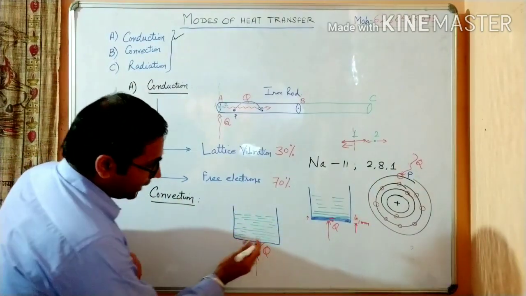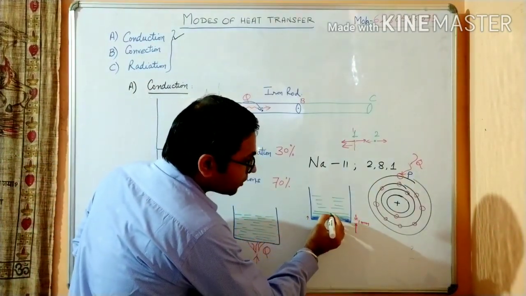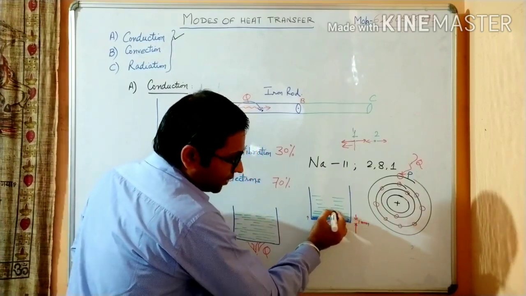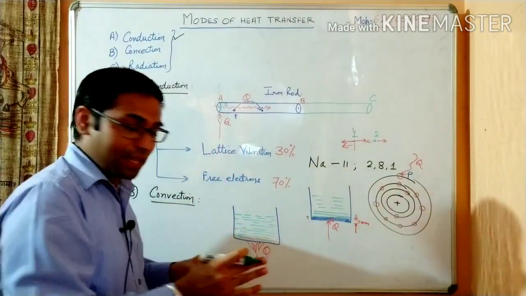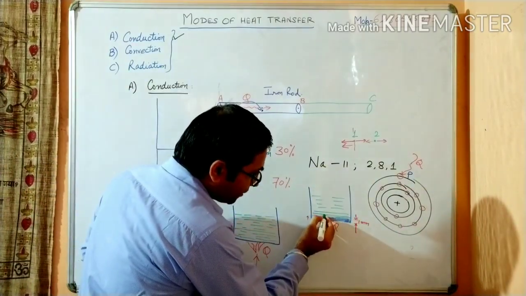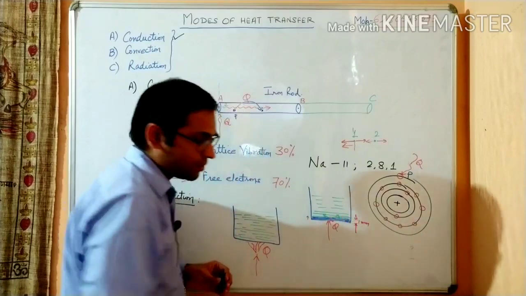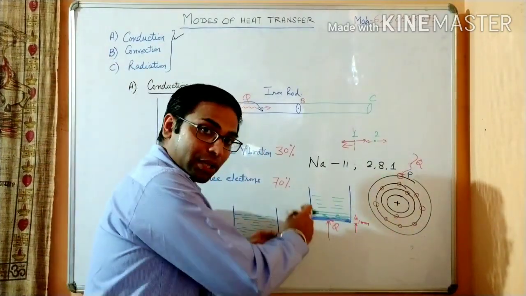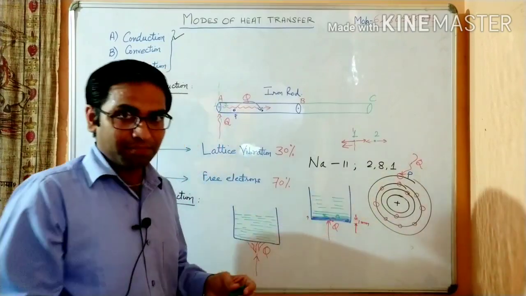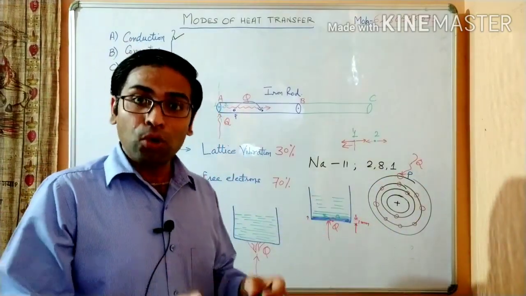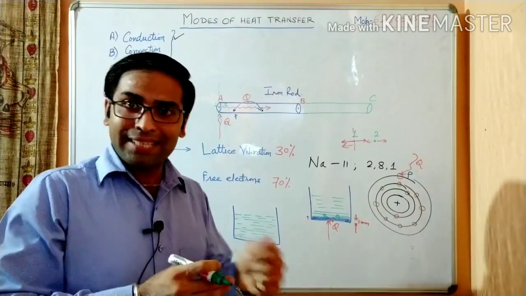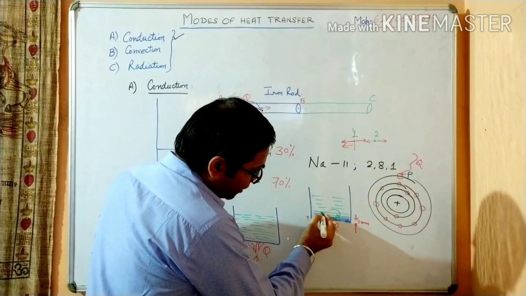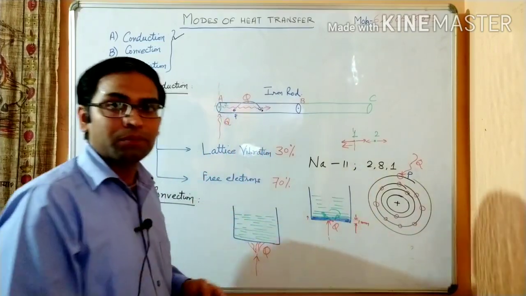Because of its light weight, the comparatively heavier dense liquid surrounding this very first layer gets displaced this way, either this way or this way. It gets displaced by the liquid surrounding it, because that is dense, that is still at low temperature. Due to this density difference, the cold fluid replaces this warm or hot liquid.